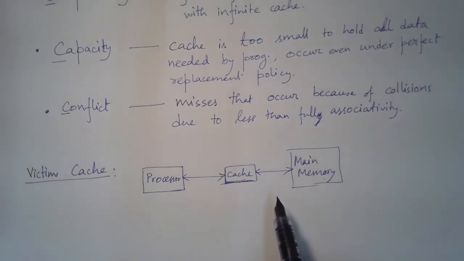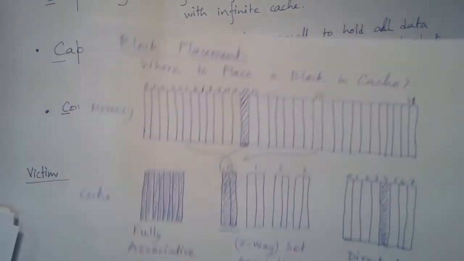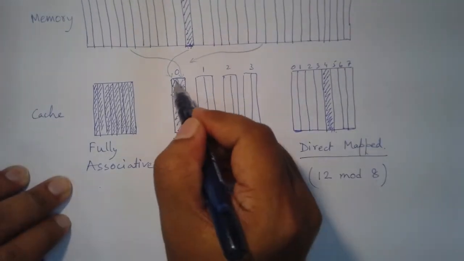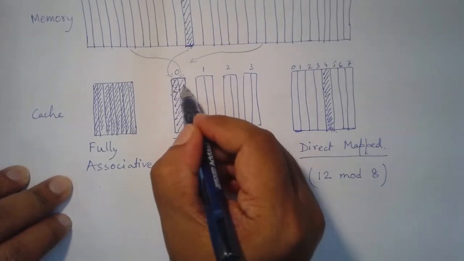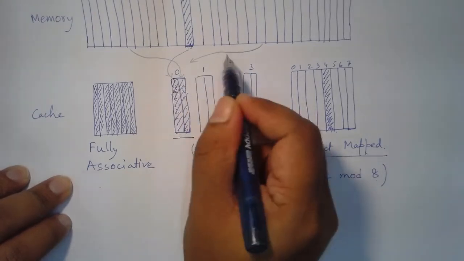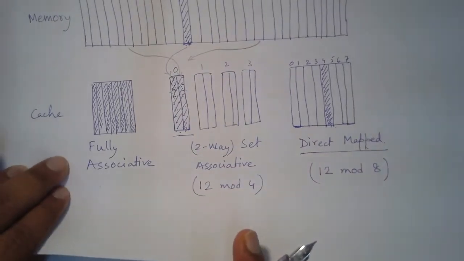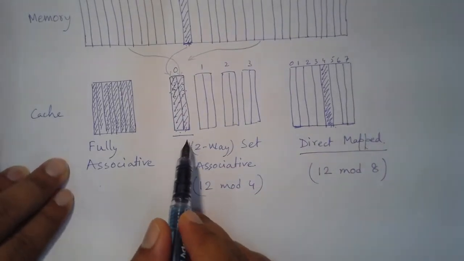In the example we discussed, because I have a two-way set associative cache, but there are 3 blocks which are frequently used, because of this conflict miss I will be going back and forth and have to get the data again and again, because I can store only 2 blocks at a time.